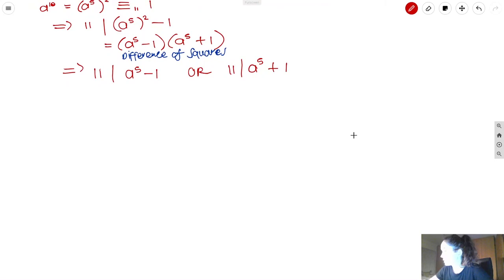So writing this over again in modular arithmetic, we have that a to the power of 5 is congruent to 1 mod 11, or we have that a to the power of 5 is congruent to minus 1 mod 11.